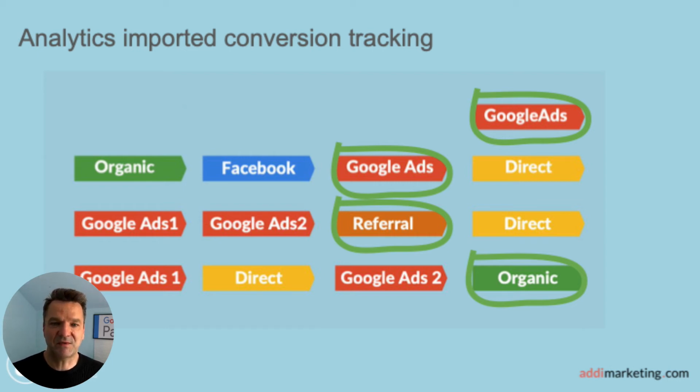In example number 4, the organic click gets the credit for the conversion. Note that in the last 2 examples, none of the Google Ad clicks get any credit for the conversion, which is a big problem for you and for the smart bidding algorithm, because basically we're missing some information both for reporting and for optimization purposes.